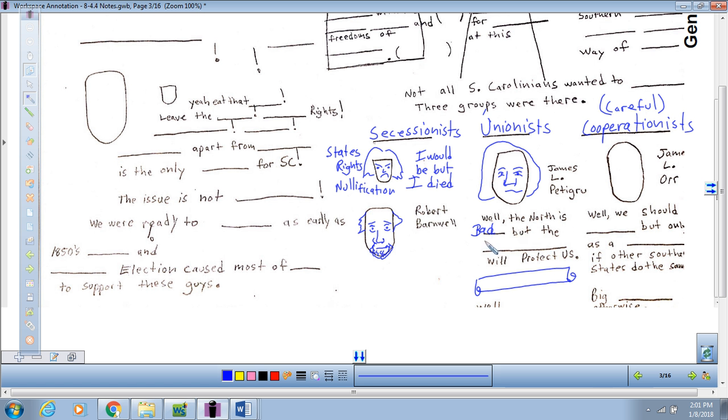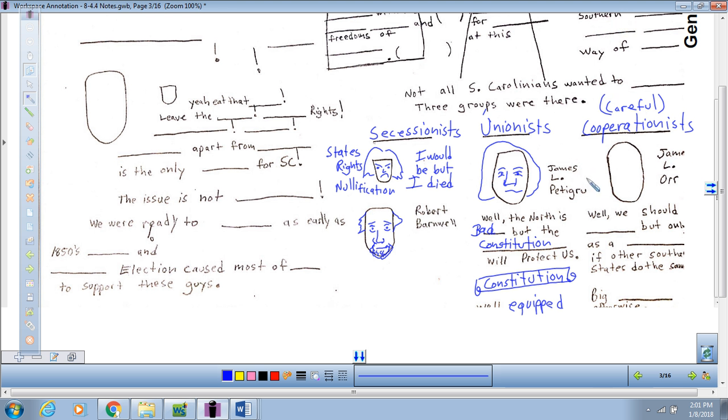They said the Constitution will protect South Carolina. It's not worth war seceding. They argued that the Constitution was well equipped to protect South Carolina. Now come the careful cooperationists.